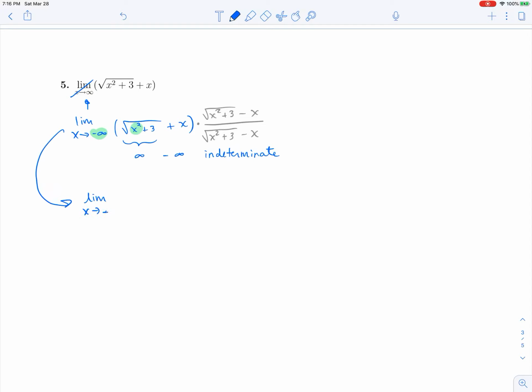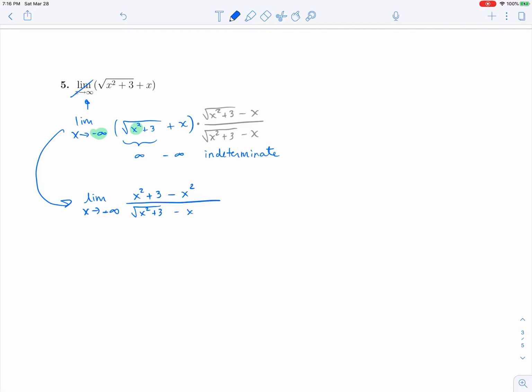So the limit as x approaches -infinity. In the numerator, when we multiply those conjugates together, we get the square of the first minus the square of the second term. And in the denominator, we just have 1 times the conjugate, so we get square root of x squared plus 3 minus x.